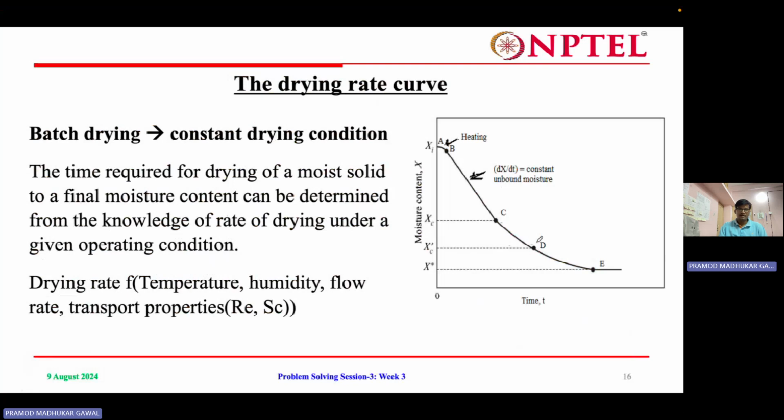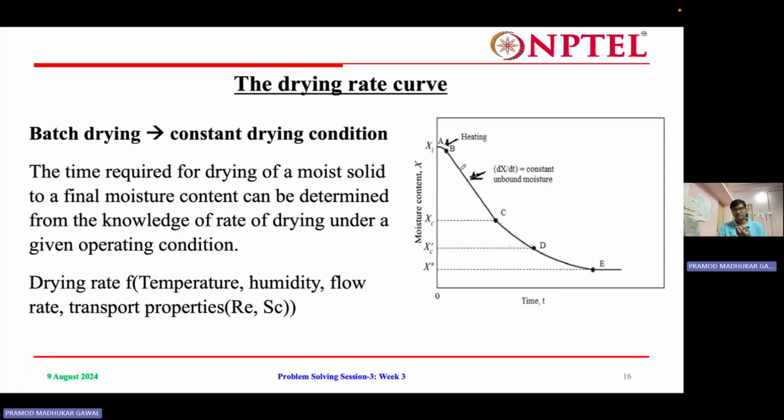So here is a graph of moisture content versus time. Here we can explain how moisture is removed from the solid.